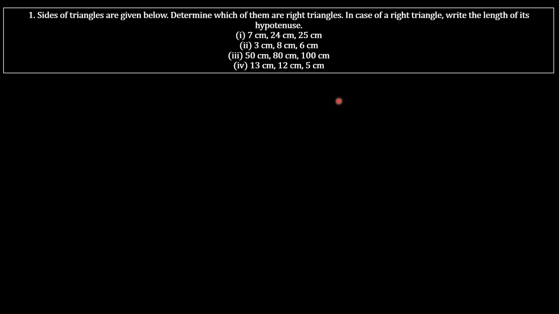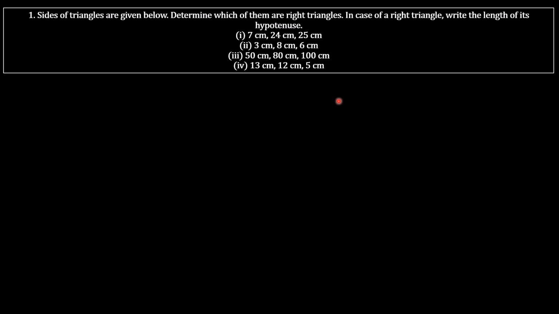Now in a right triangle, the highest angle is of degree 90. Out of three angles, the highest angle is of degree 90, meaning the right angle is the largest angle in the right triangle. So the side opposite to it will be the longest side of the triangle.